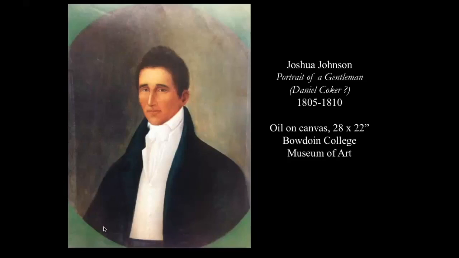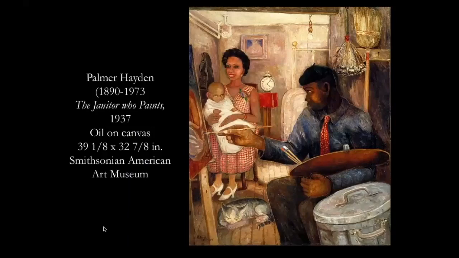And the access that he had to education and to the work that he could see at that time is going to be much more influential than any other kind of tradition.